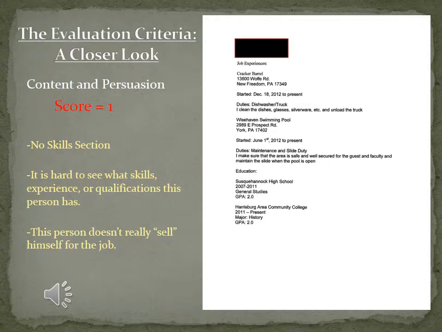Second, because there's not a clear delineation of the work experience section, it's really difficult for me as an employer to seek out and find the skills, experience, and qualifications that the job seeker has. Ultimately, the job seeker just doesn't really do a good job of selling himself for the job. He doesn't include enough information, and he doesn't present it in such a way that that content is clear to me. That's why it receives a score of 1 for content and persuasion.